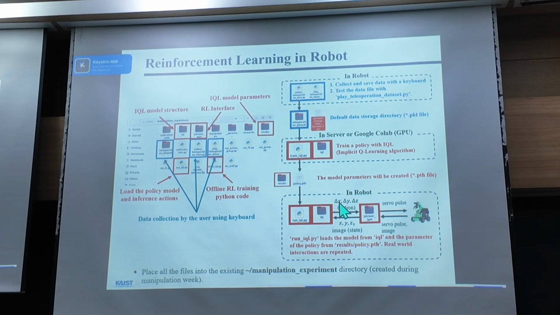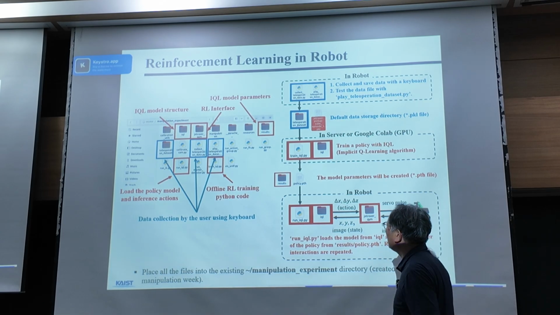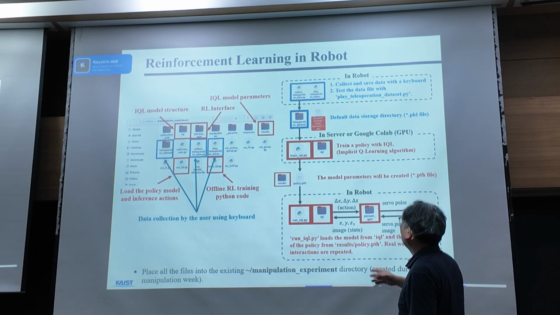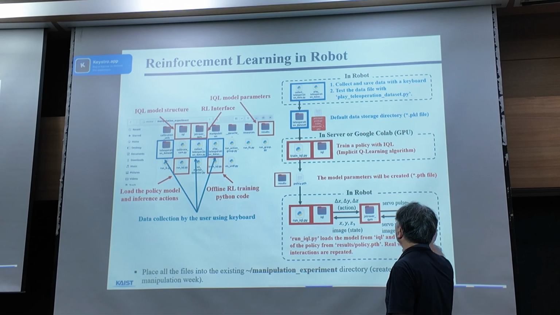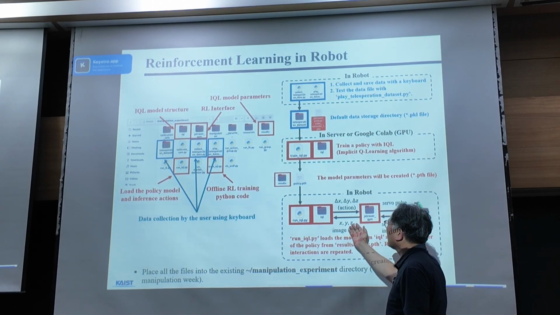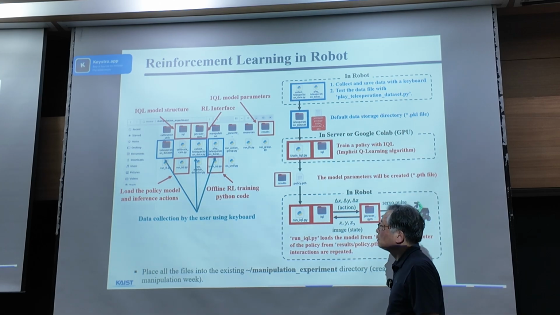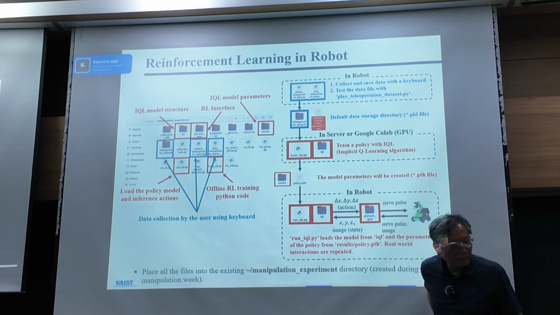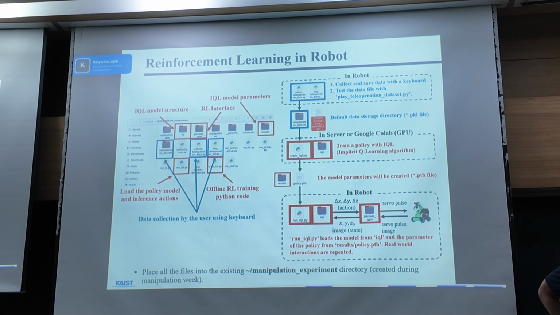And it would give you the change in X, Y, and Z, and it would move this robot, and it will also send back the new states, okay? The details of this will be presented by the TAs, okay?